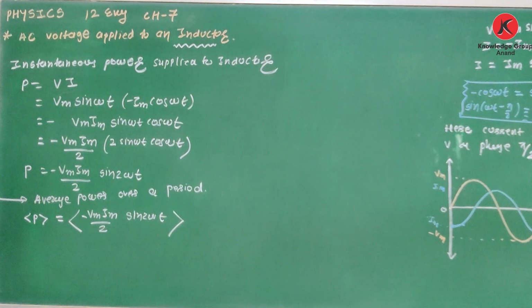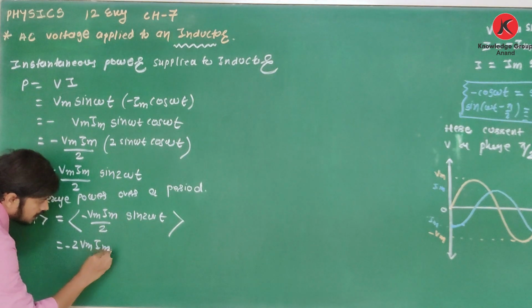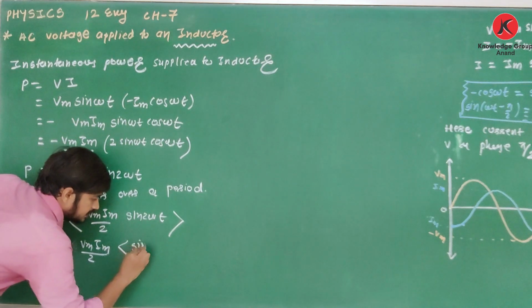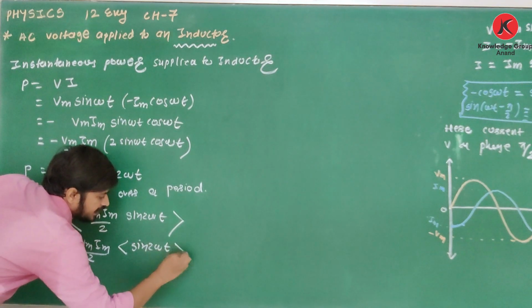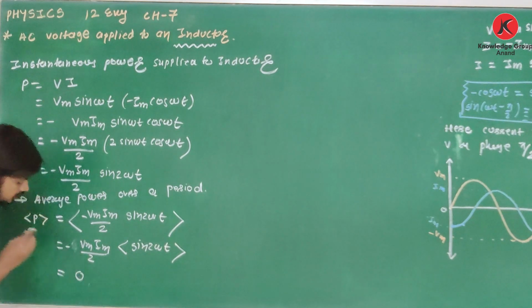Vm Im upon 2 is constant, so it is minus Vm Im upon 2, and the average of sin 2 omega t. We know that the average of sin 2 omega t over a period is 0. So here it is 0.